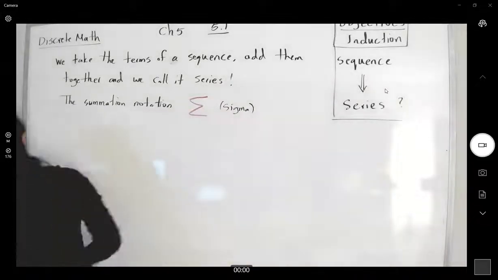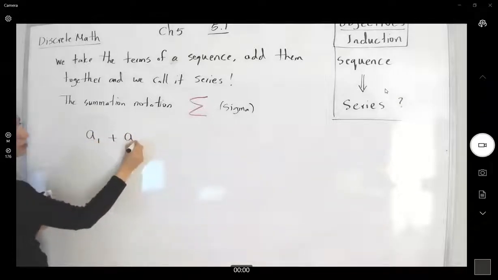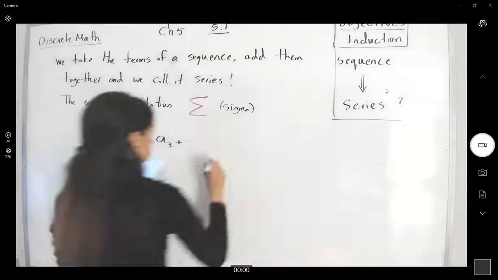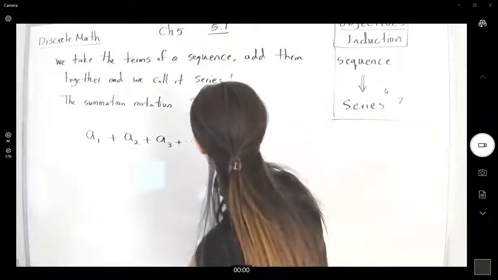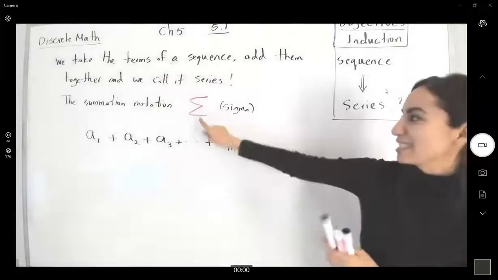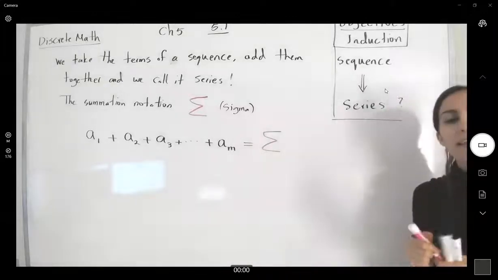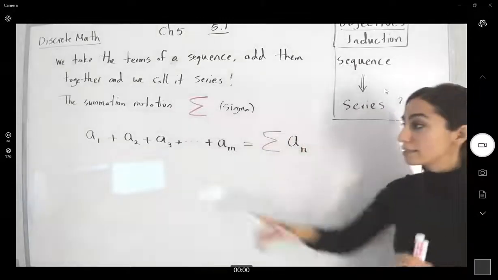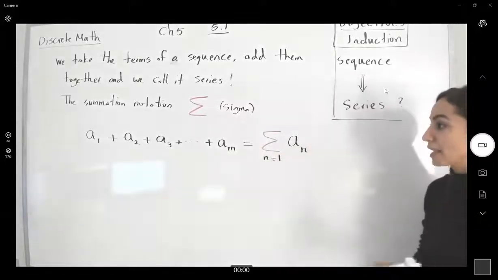We take A sub 1 plus A sub 2 plus A sub 3 plus ... plus the last term, A sub m, and we denote it by the summation notation, sigma of A sub n, n starts from 1 and stops at m.